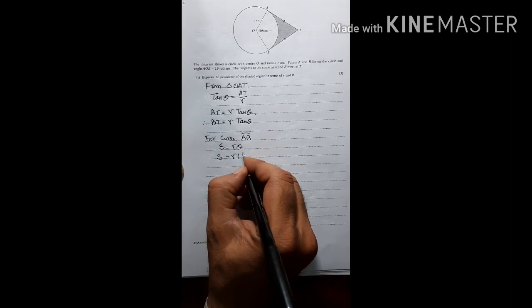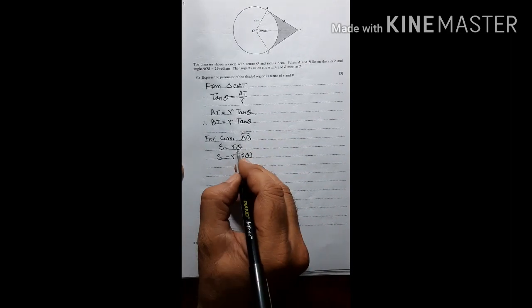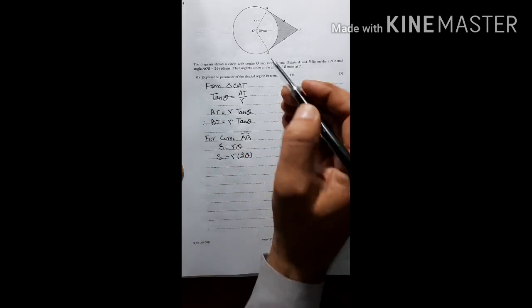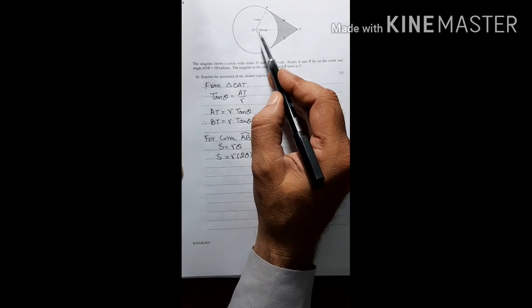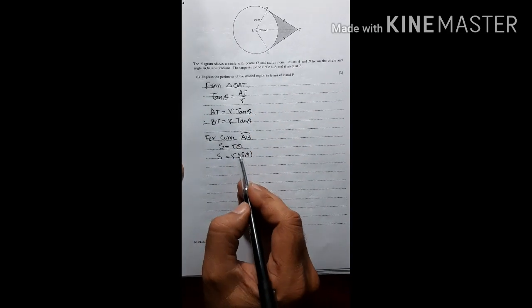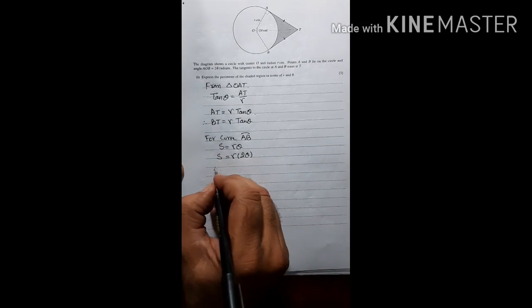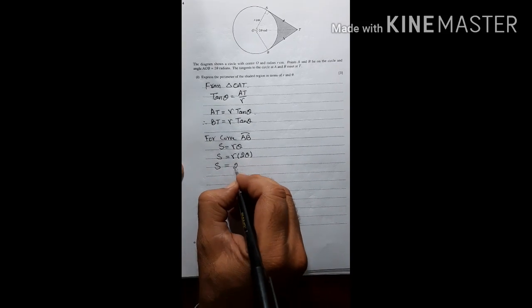So you have to put 2 theta here, because this theta is representing the angle only. So their angle is now 2 theta. That's why you will put 2 theta instead of theta here. So S will be 2R theta. So I got all three lengths.